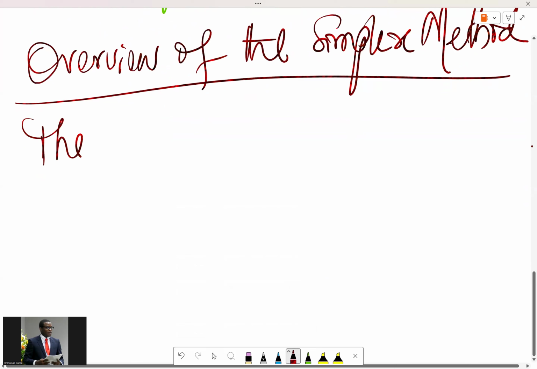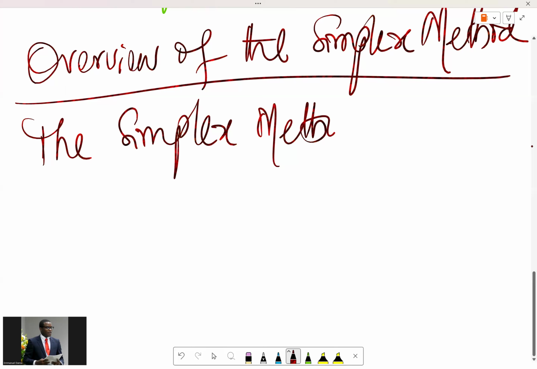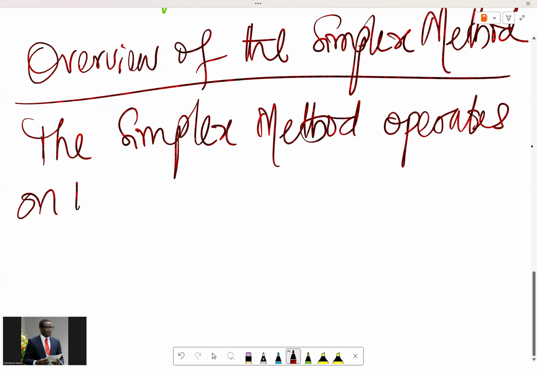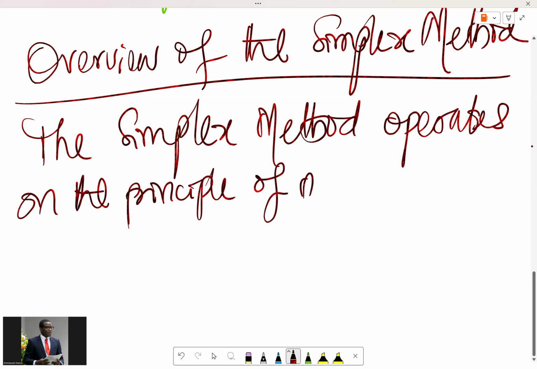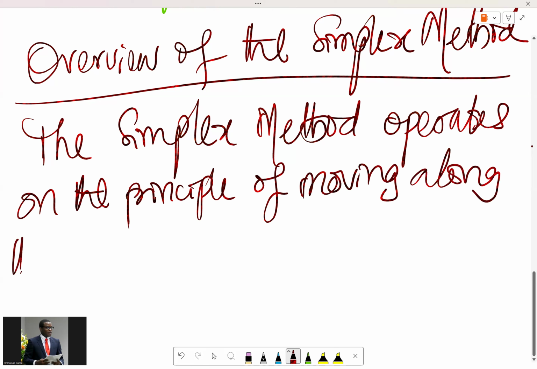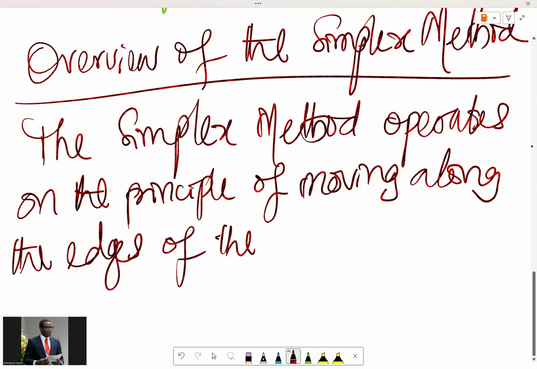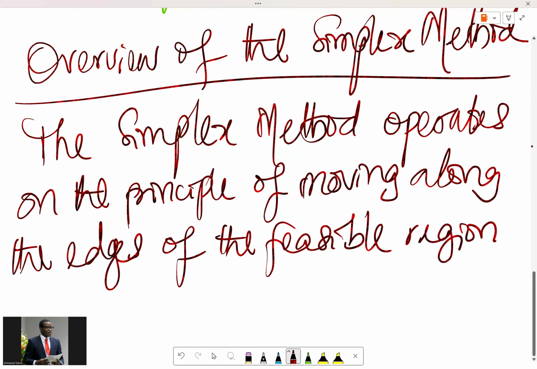The simplex method operates on the principle of moving along the edges of the feasible region. This bears a bit of resemblance to what we do in the graphical method.